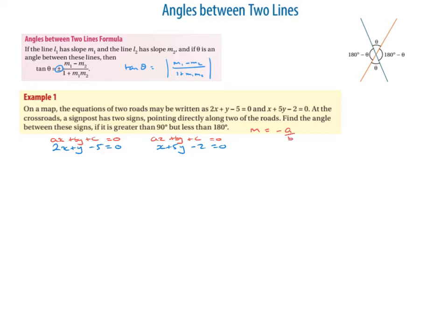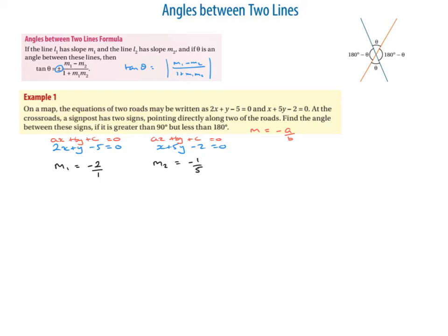So straight away we should be able to get the gradients for both of these lines. The first one, m1, is minus 2 over 1, which is obviously minus 2, and m2 is minus 1 over 5, and we now have the two gradients.